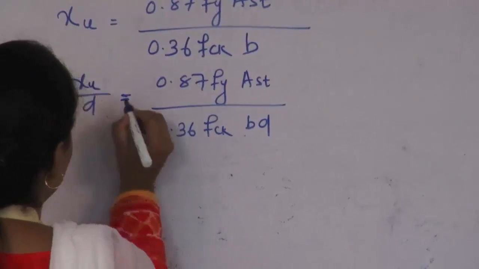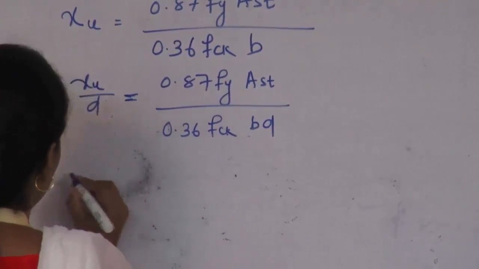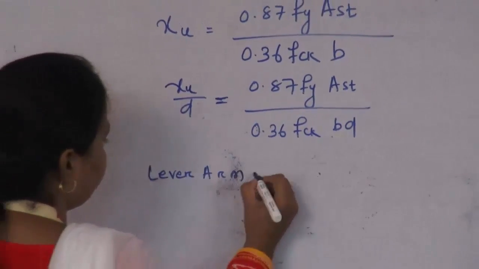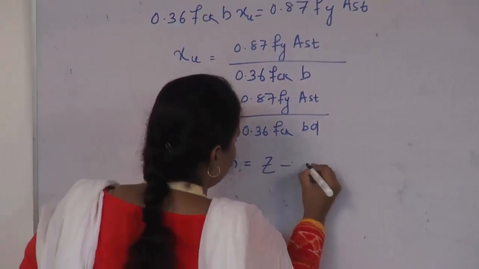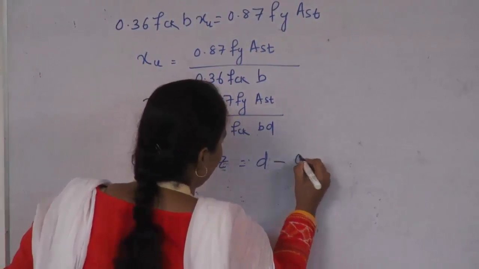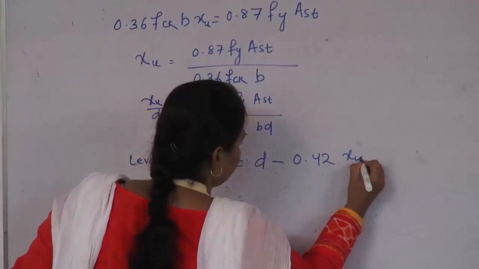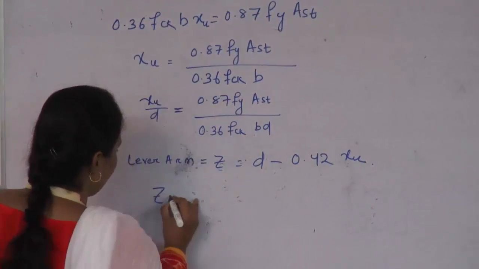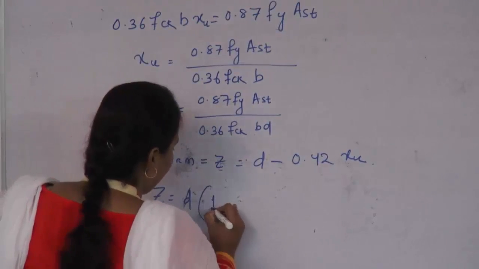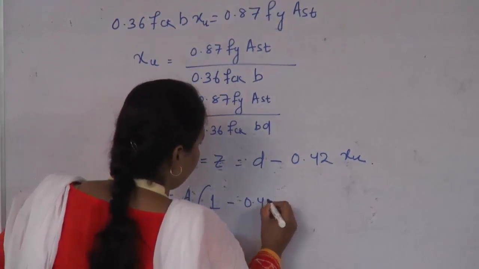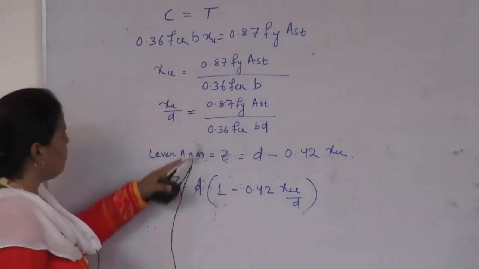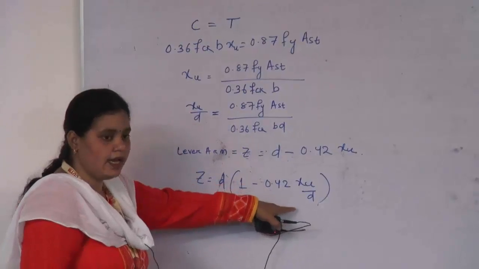Then our lever arm equation is Z equal to D minus 0.42 XU. So Z equal to D into 1 minus 0.42 XU by D. So I can put the XU by D value here.